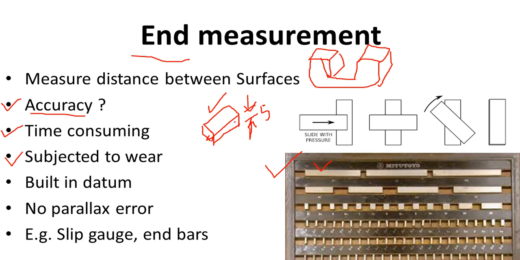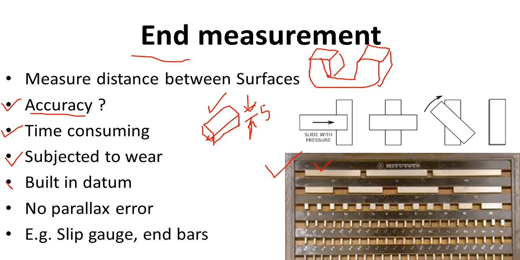But after a period of time, even if I rub it so many times, still they will not get attached, because the surface will not be so smooth. Ringing will only happen if the surfaces are very finished. After using it, the surface finish deteriorates, and the ringing phenomenon will also not occur with the slip gauges if they are old.